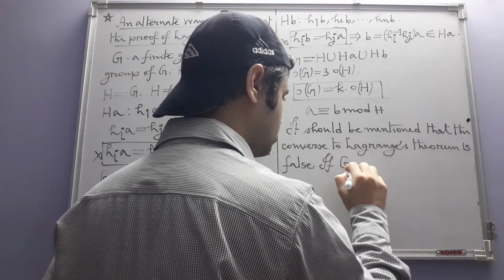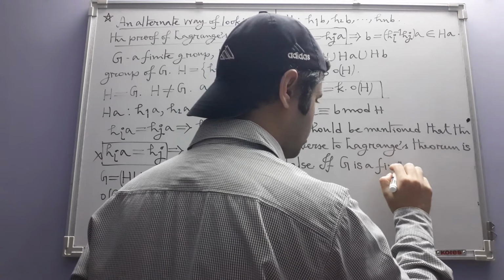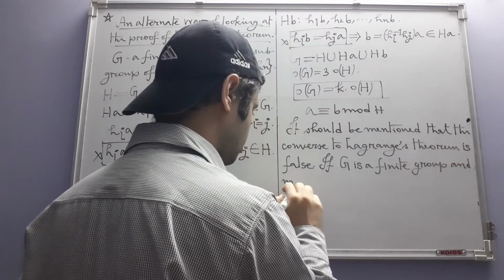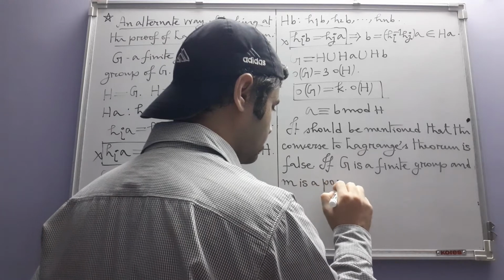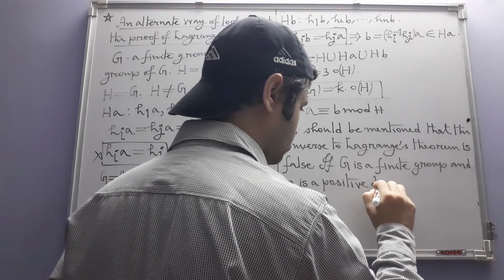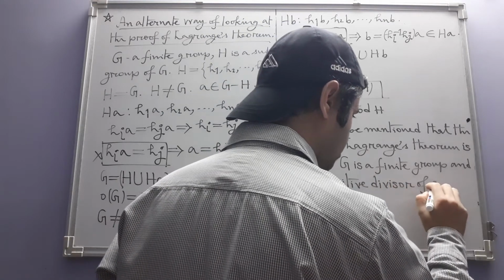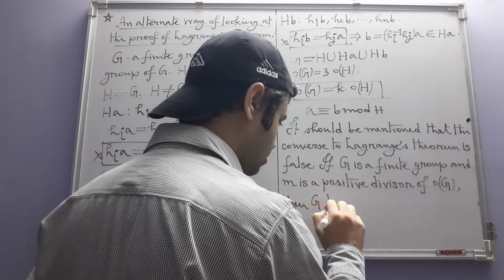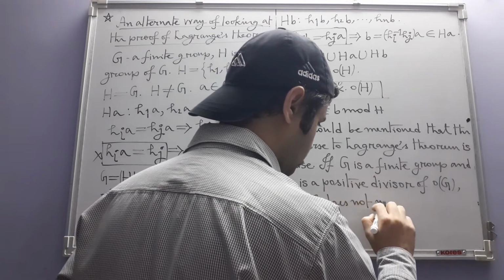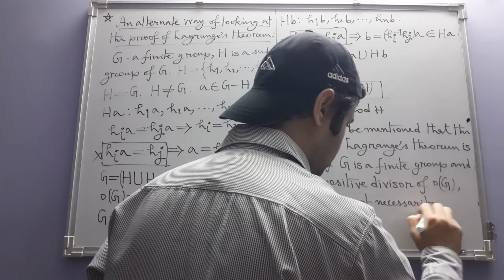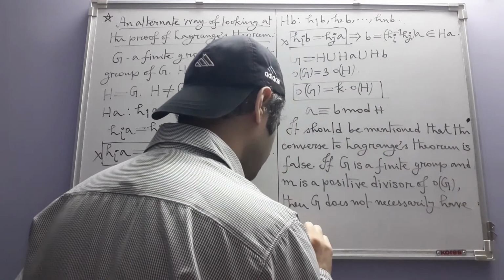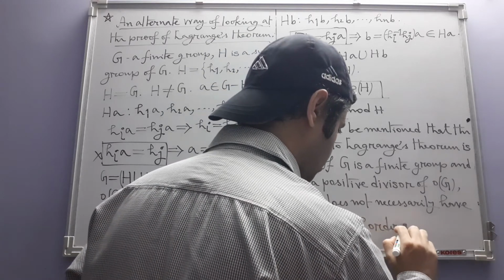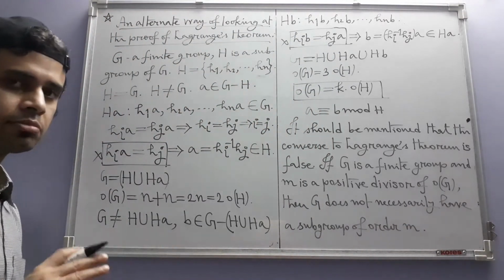If G is a finite group and M is a positive divisor of the order of G, then G does not necessarily have a subgroup of order M. There is no guarantee that such a subgroup will exist.